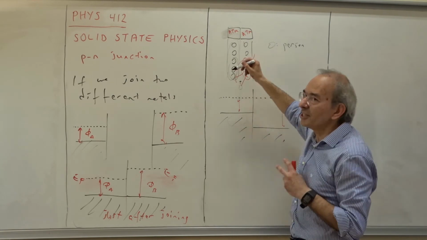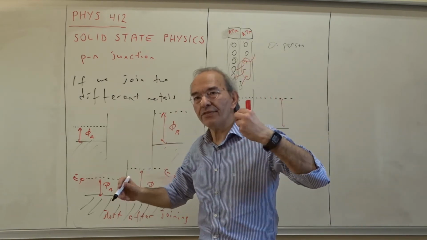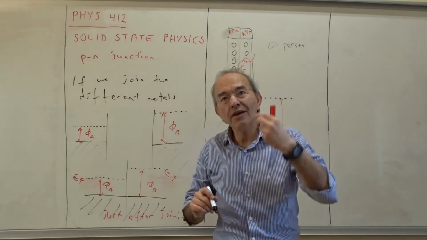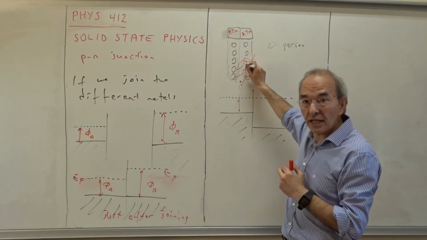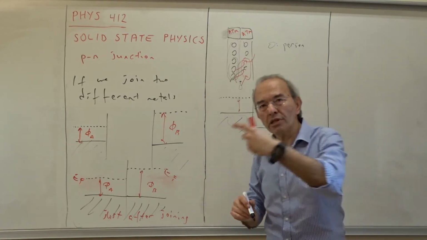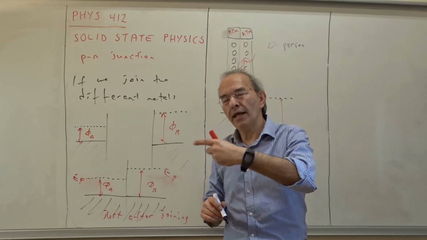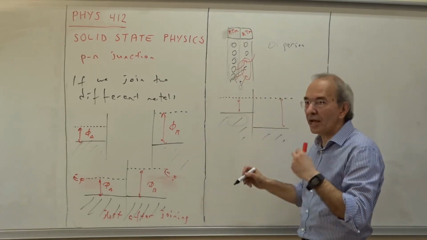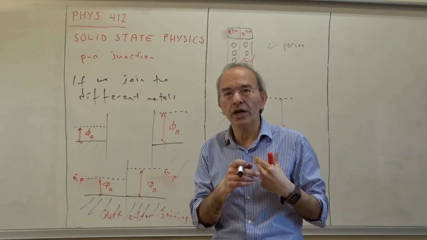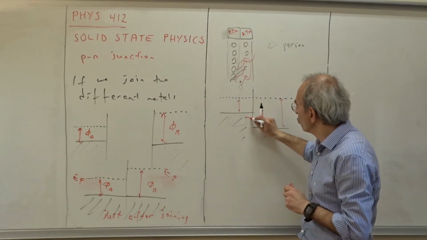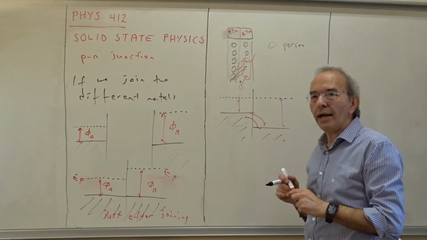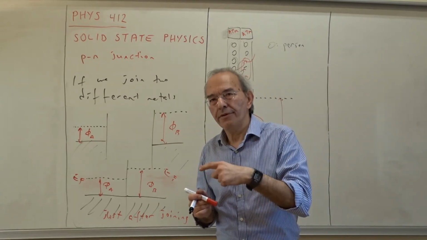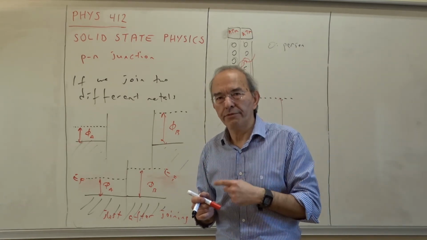Just like these people who realize that there are empty, available places in the other line and pass immediately to the other line where there are more possibilities, these electrons now, because of the difference in the work functions, immediately move to the empty places in the other type of metal.